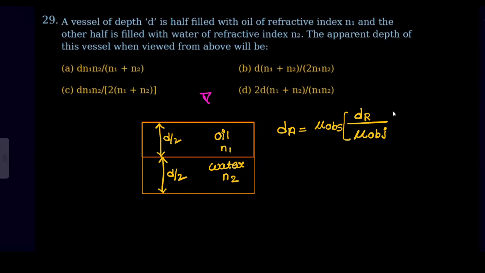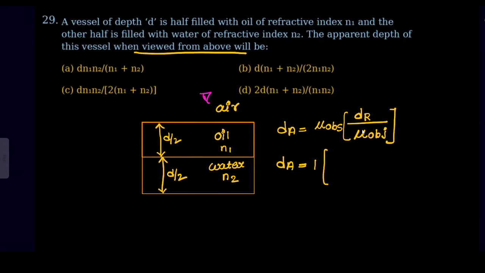Here a number of mediums are there. So in this case, dA will be refractive index of observer. Where is the observer? When viewed from above, that means top view. So we can treat this medium as air. So the refractive index of observer is 1, into what?